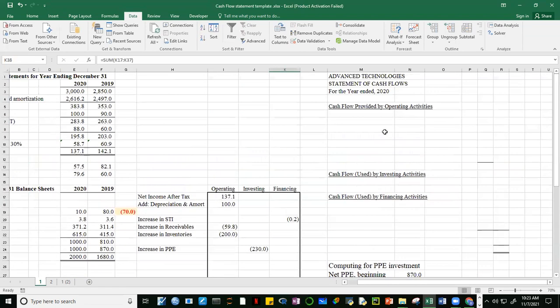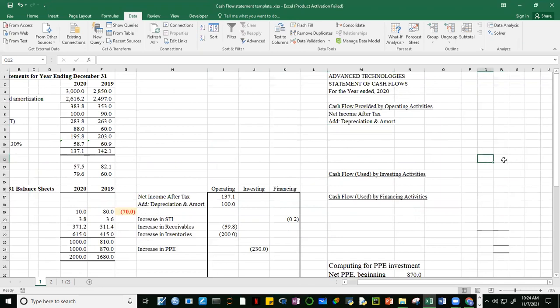Okay, so let's copy this first. Net income after tax, Control C, Control V. I'm going to copy this. Okay, then let's see, we're going to put that one.